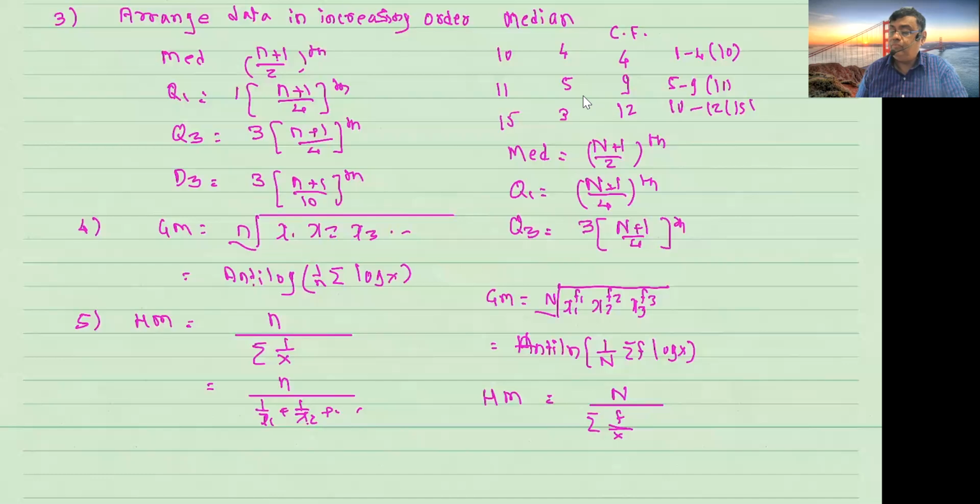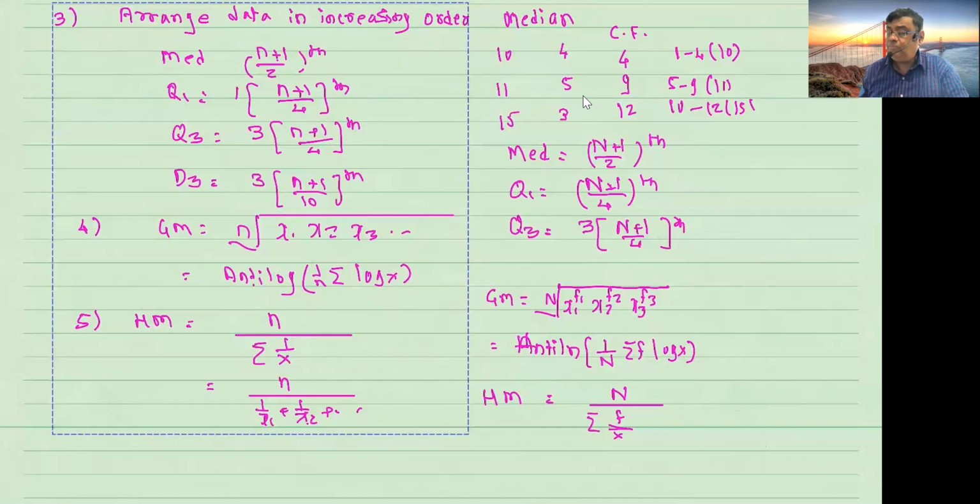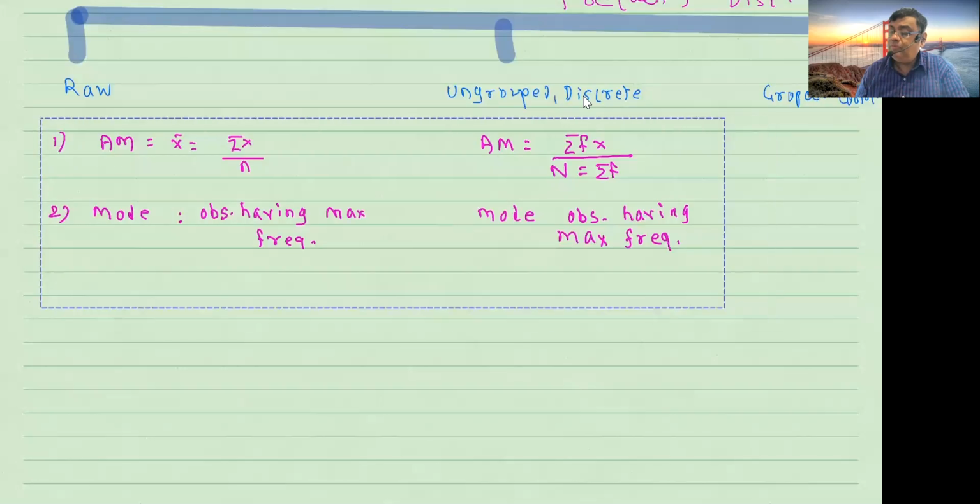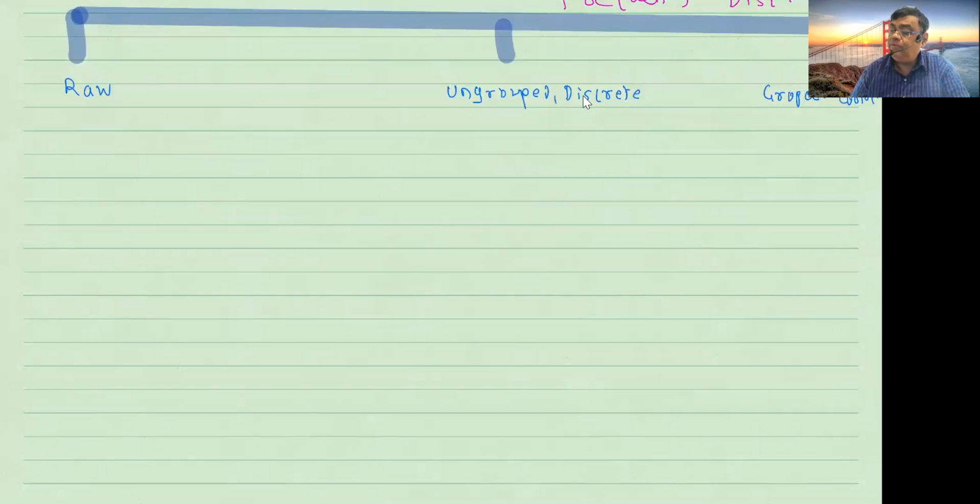Now remember, in case of the group frequency distribution, in case of the continuous frequency distribution, mind well that the x values are the mid values. Mid values represent the classes. And therefore the x value is nothing but upper limit plus lower limit, over 2.